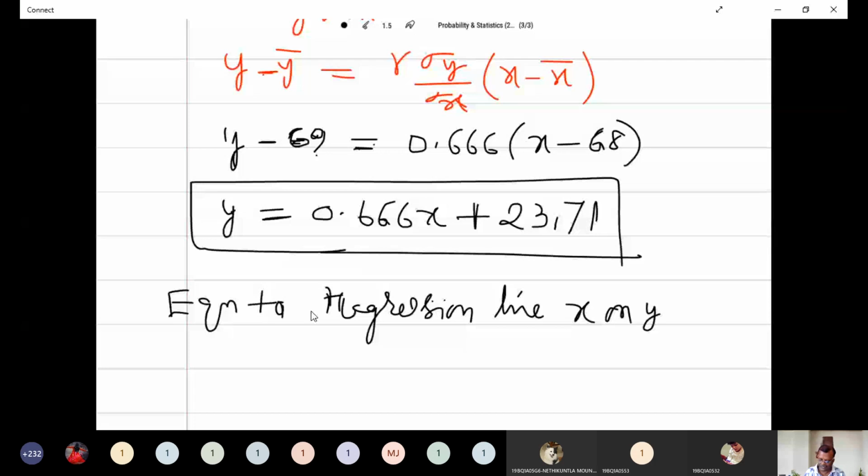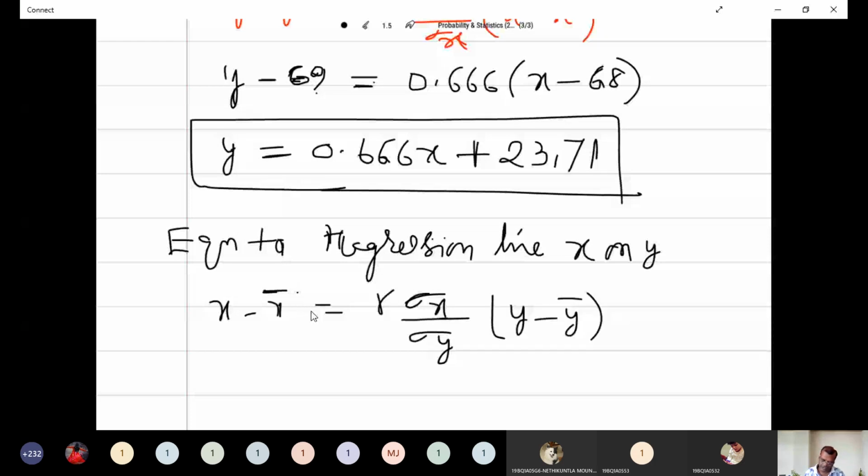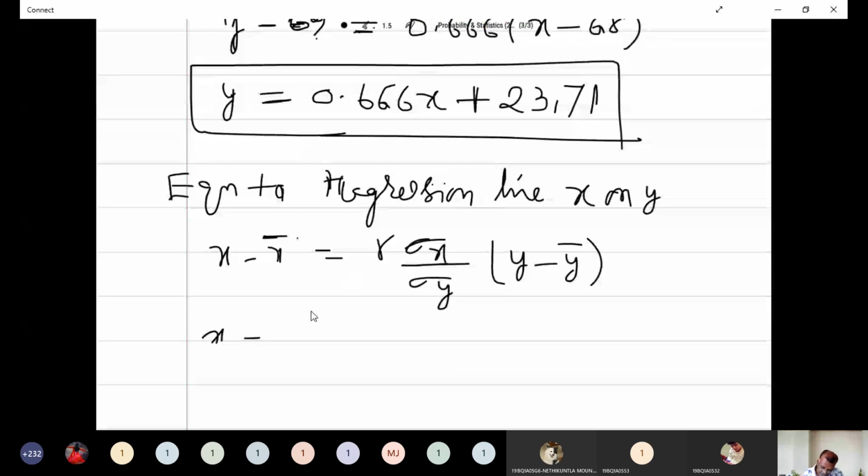What is the formula for that one? X minus x bar is equal to r into sigma x by sigma y into y minus y bar. We have to substitute here. What is the value of x bar? X bar is equal to 68.